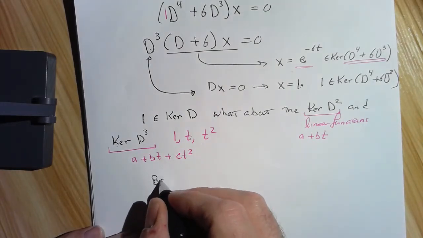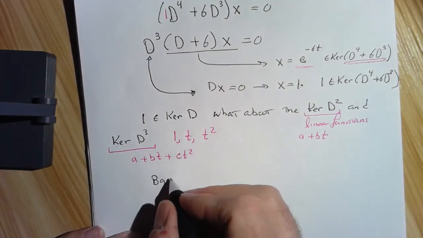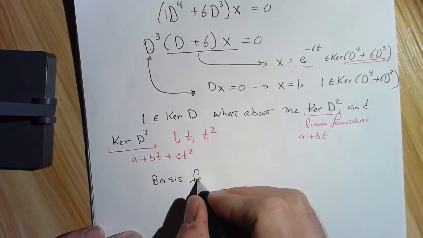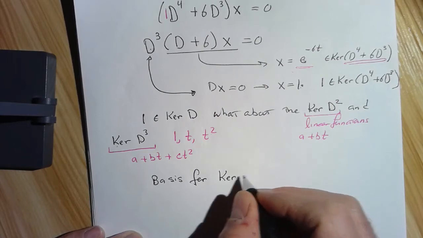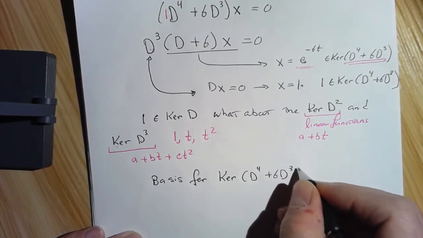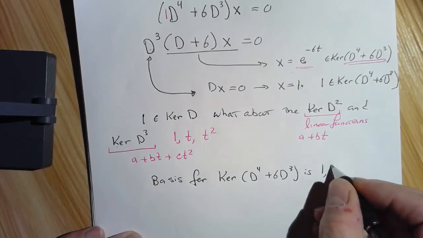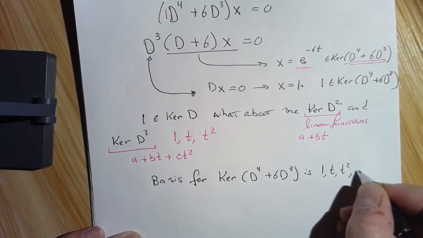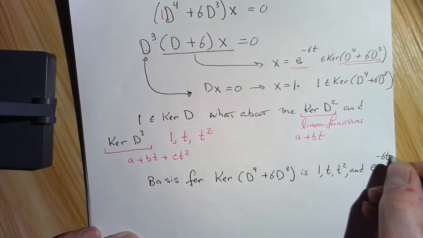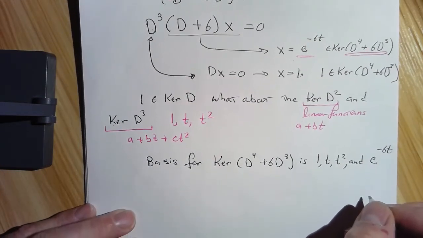So they're all linearly independent. Again, there's no way of adding and subtracting them to get any one of the others. So a basis for the kernel of D^4 + 6D cubed is 1, t, t squared, and e^(-6t). I'm sorry, I keep making it crooked.